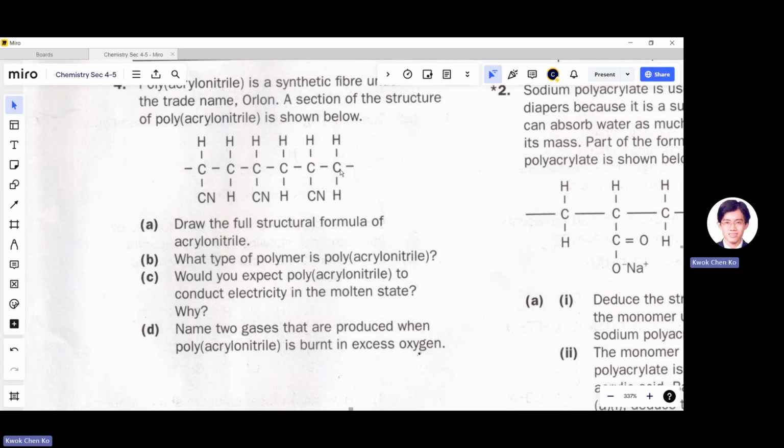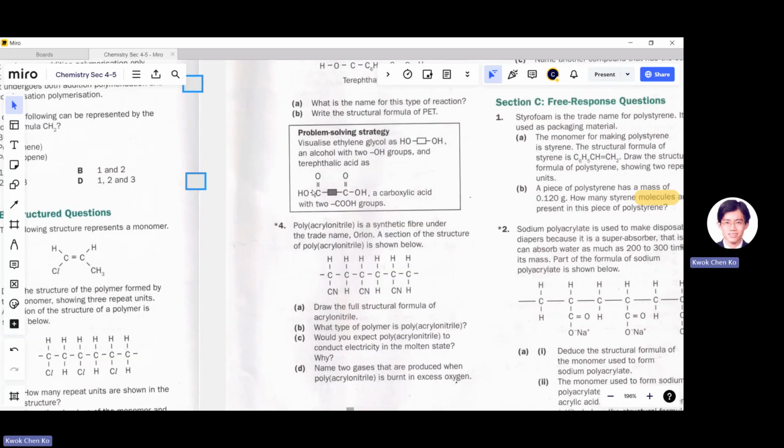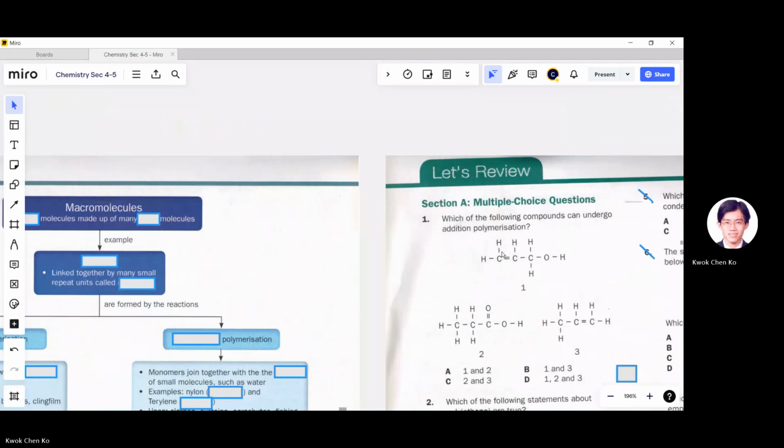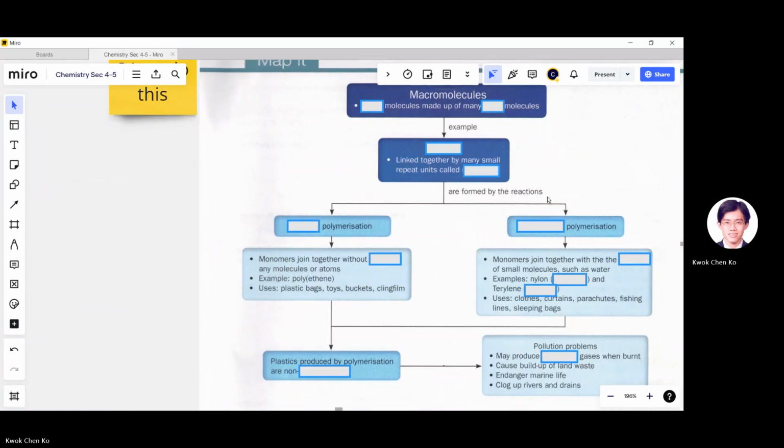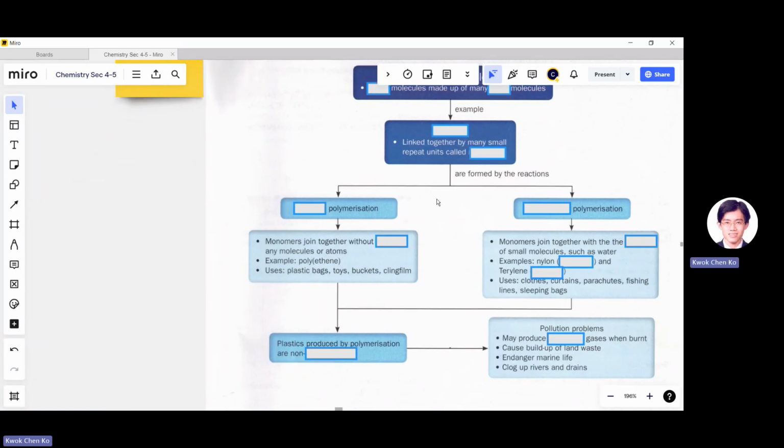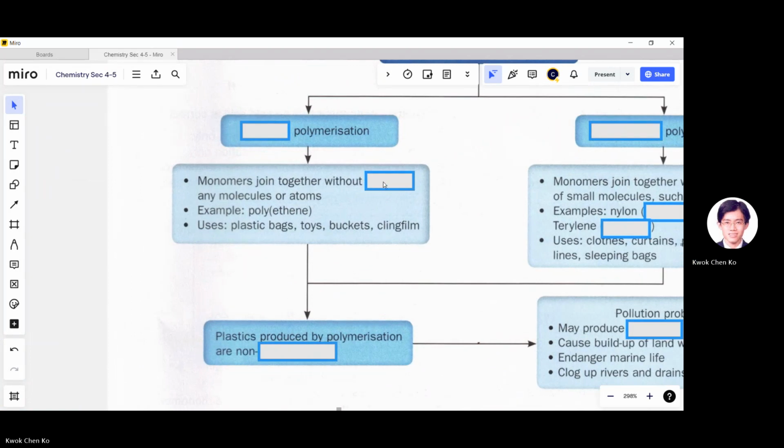Monomers join together without losing anything. Let's ask Zayden, do you have the answer for this one? Well, basically, remember addition means two reactants join to give one product.